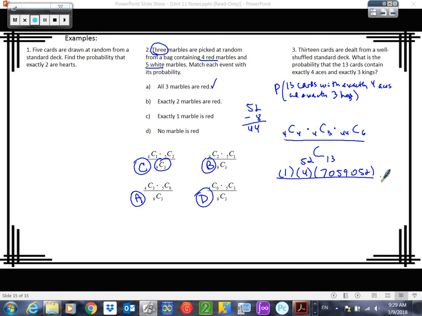All over, and you can imagine 52 cards, choose 13, is massive. It's 635,013,559,600.